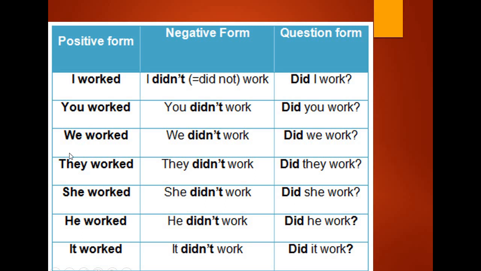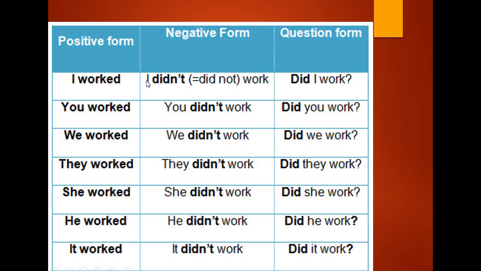I worked. We worked. It worked. For the negative, we add didn't. I didn't work. For the question, we add did. Did I work? So when I see ed or didn't or did, or I see a verb which is irregular in the past, it means all of these are past tense. So for example, think, in the past it is thought.